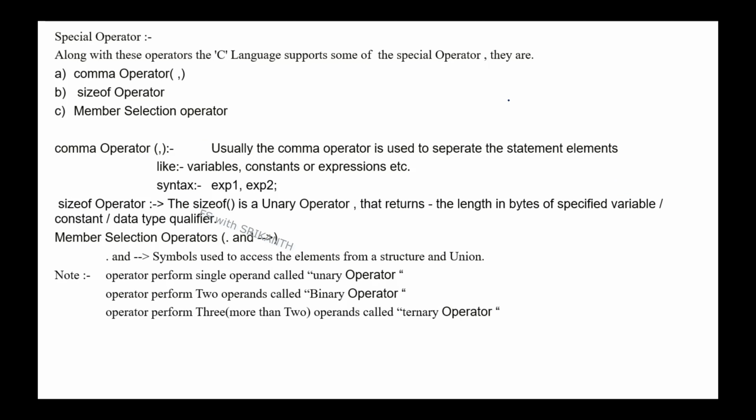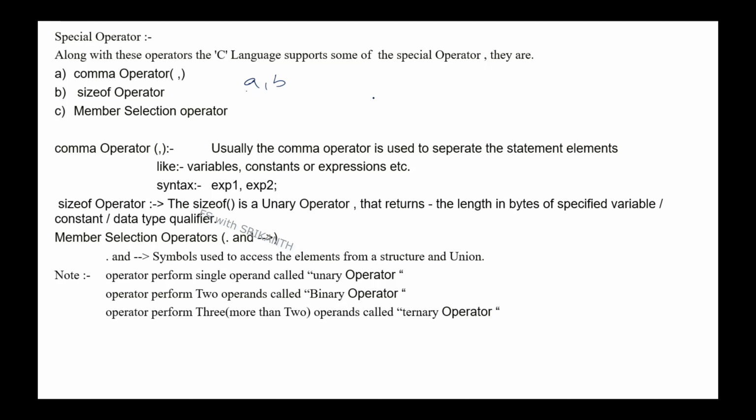Next one is special operators. Some operators are special operators. There is the comma operator. What does the comma operator do? It separates variables: a comma b means two different variables, right? That is its purpose. The sizeof operator returns the length of the specified variable, the data type size, the constant size.